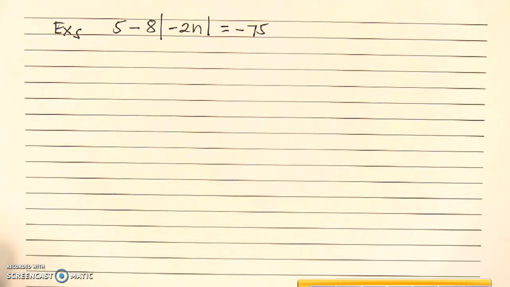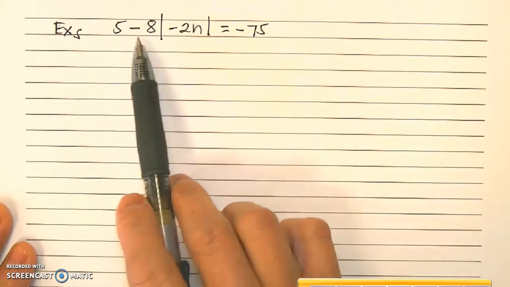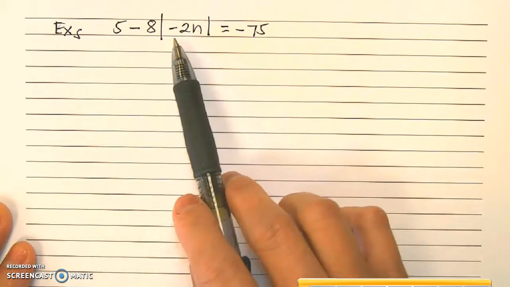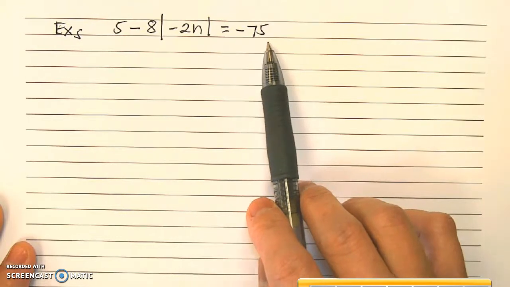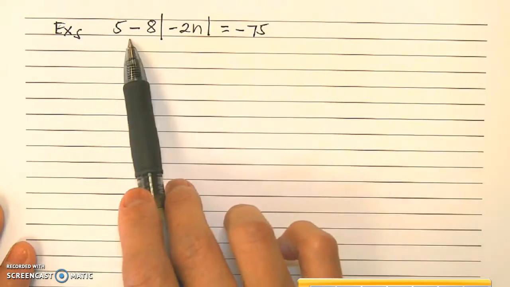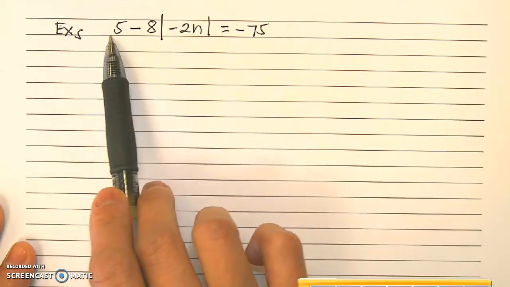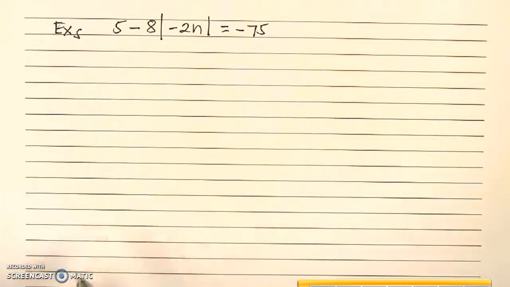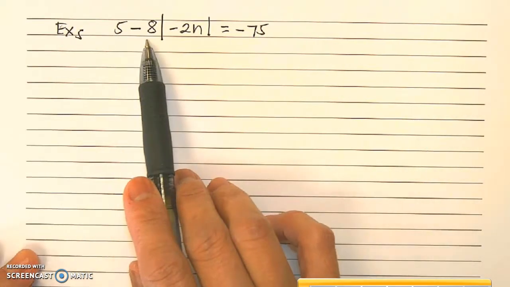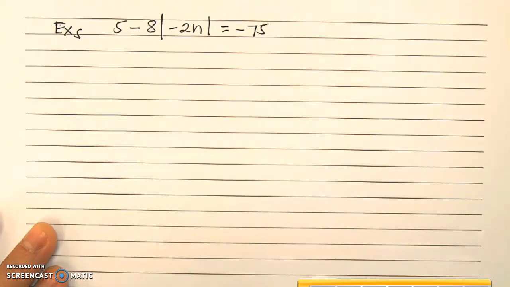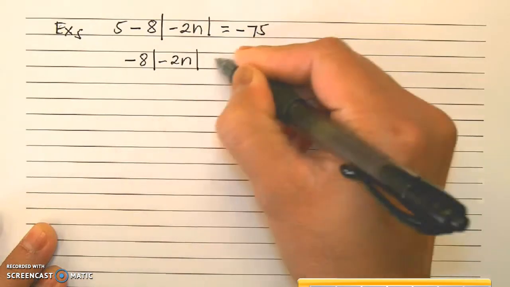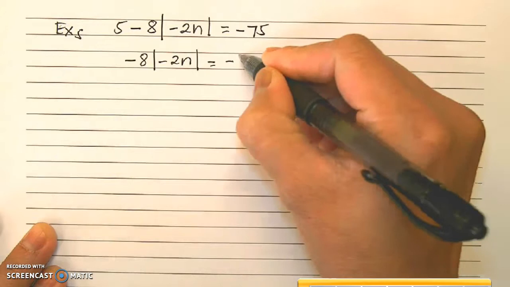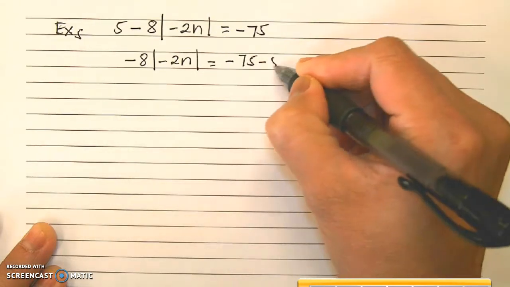Okay, for our last and final example, we have 5 minus 8 times the absolute value of negative 20n equals negative 75. And again, I will reiterate, whenever you're solving for absolute value, one side must be solely dedicated to the absolute value expression. And so this 5 and negative 8 must go away. So how do you do that is this. The 5 will move to the other side, so that's negative 75 minus 5.